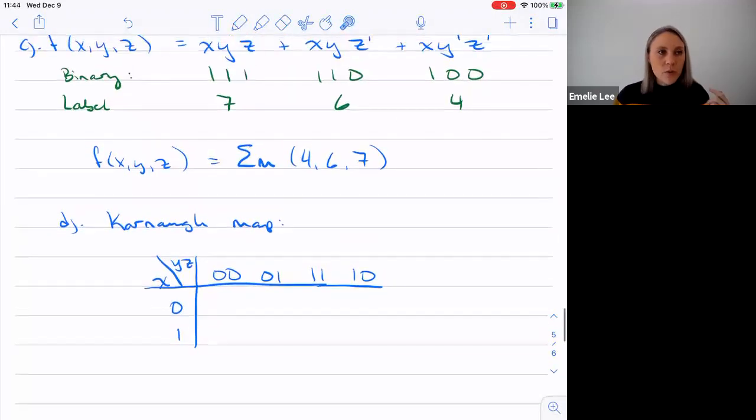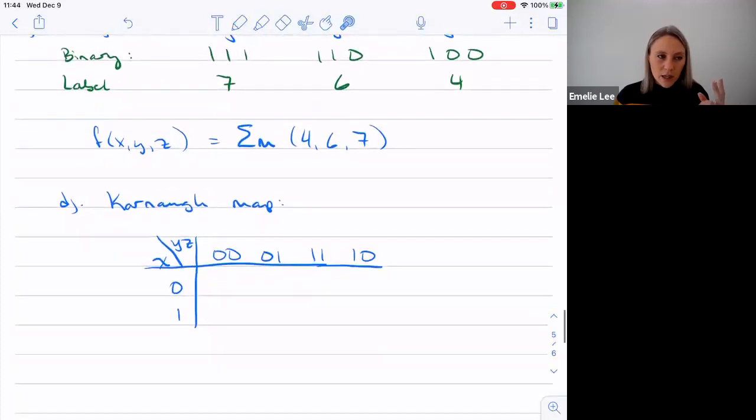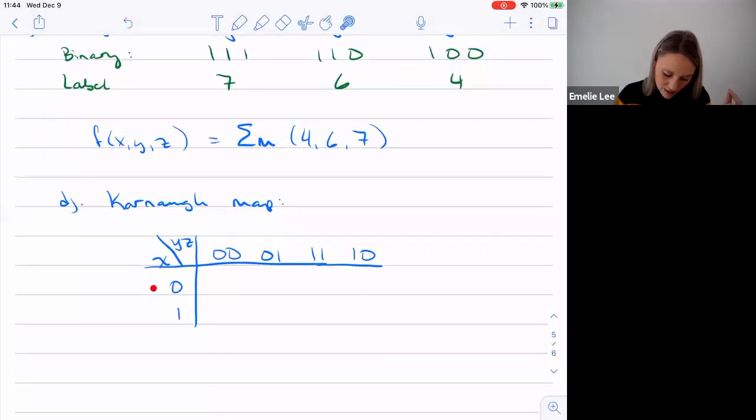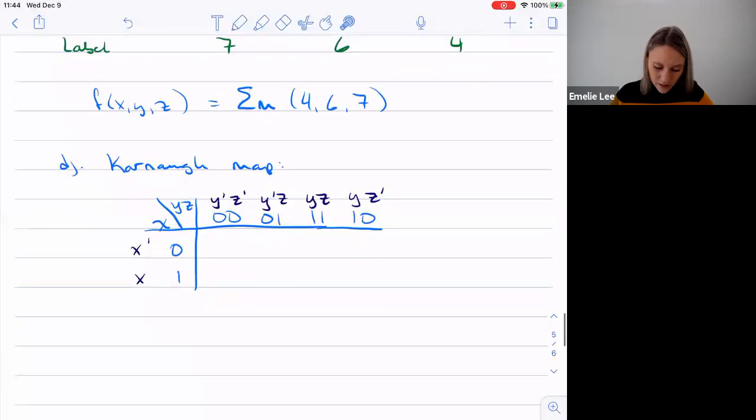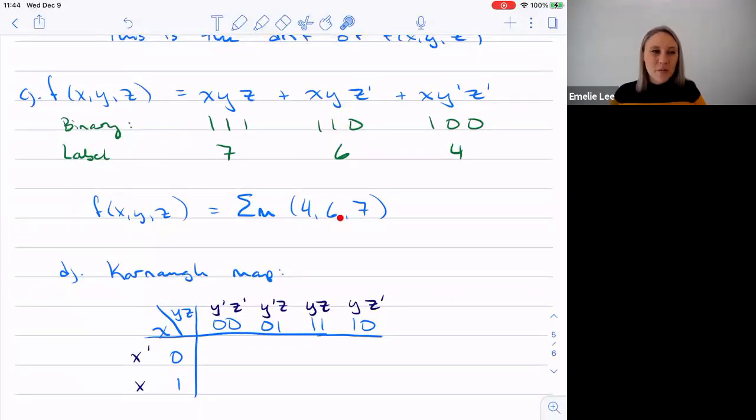You could have X prime here, X. So here, I'll just do this. X prime, X, Y prime Z prime, Y prime Z, Y Z, Y Z prime, right? And then you could just skip the labels and go straight to x, y, z. X, y, z is here, so you'd put a 1 here.